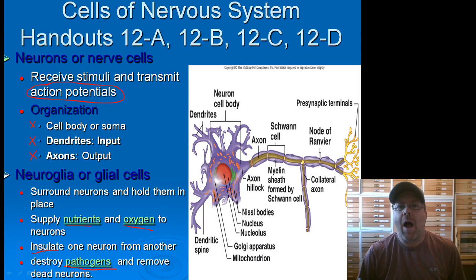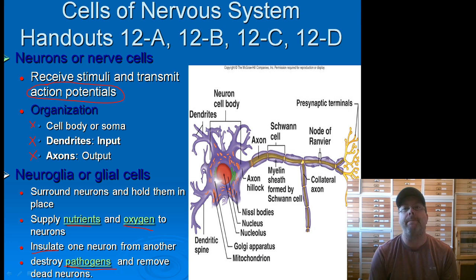Okay, so now we know that we've got neurons that have dendrites and axons, and these axons are going to be wrapped in a myelin sheath made by neuroglial cells called oligodendrocytes in our central nervous system and Schwann cells in our peripheral nervous system.